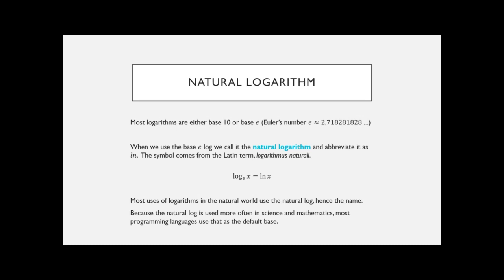In science and math, the natural log is actually used more often than the base 10 log. A lot of programming languages actually use the natural log. When you program and use the word log, it's actually giving you the natural log, not the base 10 log.